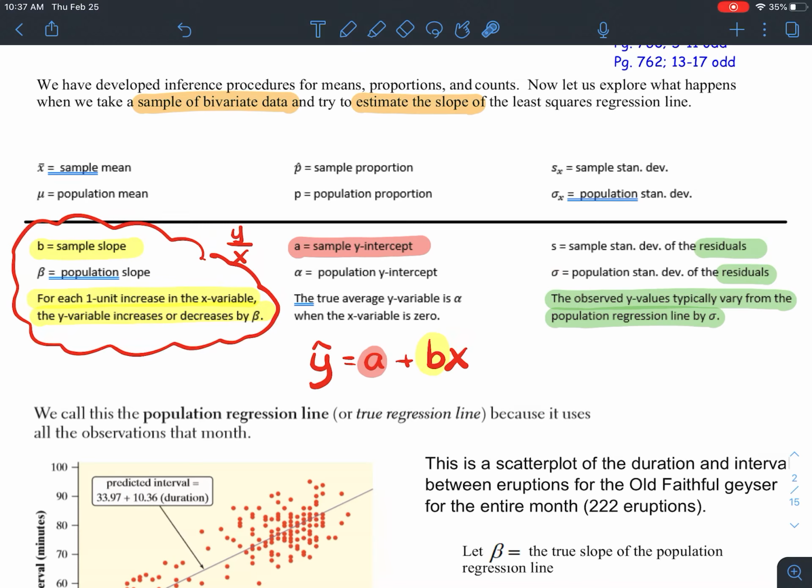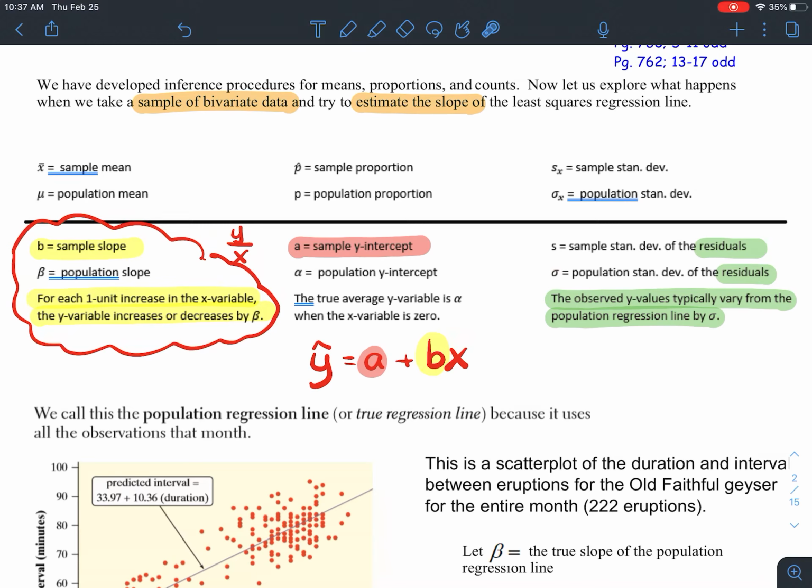Now underneath here, these three graphs below represent three different simple random samples of size 20 that were taken from that population scatter plot up above. So essentially, we were randomly selecting 20 points from these 222 points, and we did that 3 different times to get these 3 different graphs that you see below.